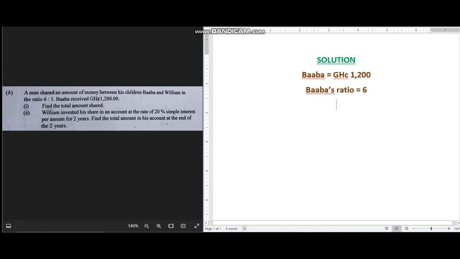So when we add the total ratio of the two children, which is 6 plus 5, this will give us 11. So the total ratio is 11.